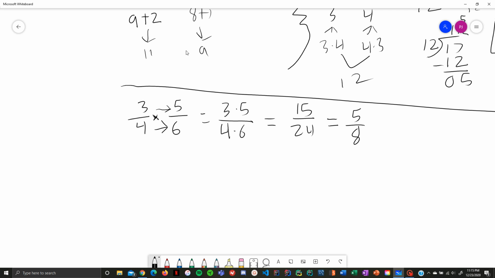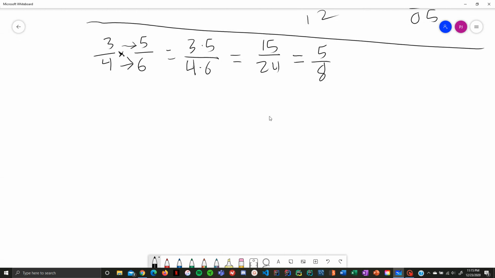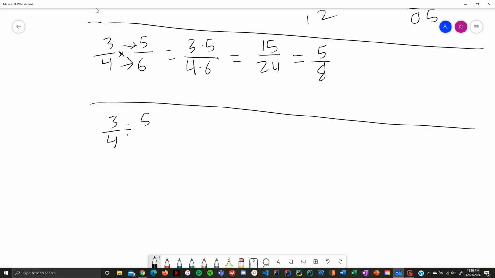So let's go ahead and take a look at a division problem for our very last one, because division can be a little bit confusing sometimes. Let's go ahead and actually do the same division as we did up here for this problem. Let's do 3 over 4, and we're going to divide that by 5 over 6. Now, the very first thing that we have to do is take the reciprocal of 5 over 6.